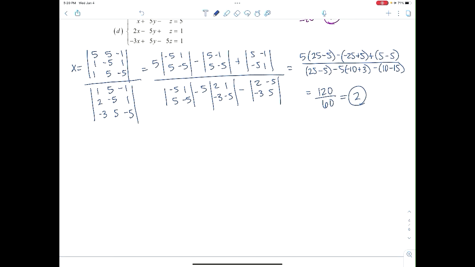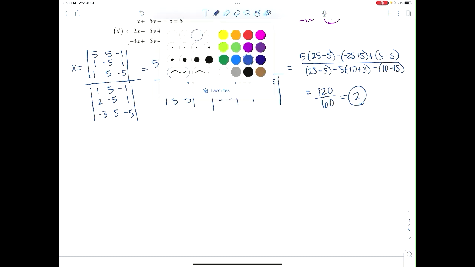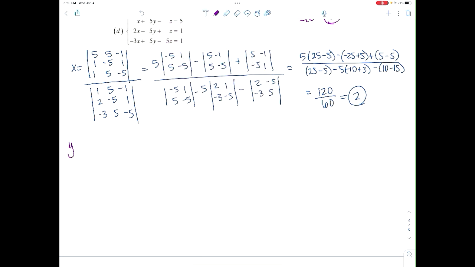Now for the y, let's do a different color. We have the determinant of 1, 5, negative 1, 2, 1, 1, negative 3, 1, negative 5, over 60.